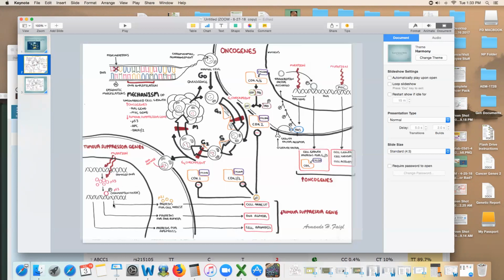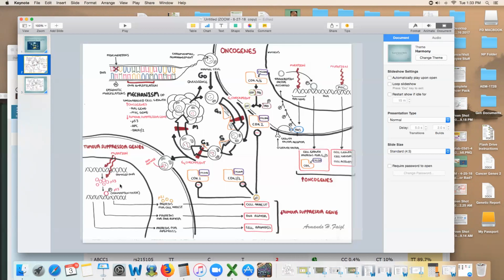So where we see cancer occurring is where the tumor suppressor genes are quote unquote turned off or hypermethylated, and the tumor oncogenes are turned on or acetylated or unmethylated. That's where we have issues, where we have an upregulation of tumor oncogenes and a downregulation of tumor suppressor genes.